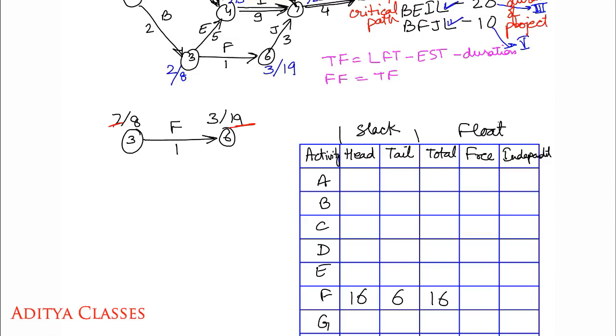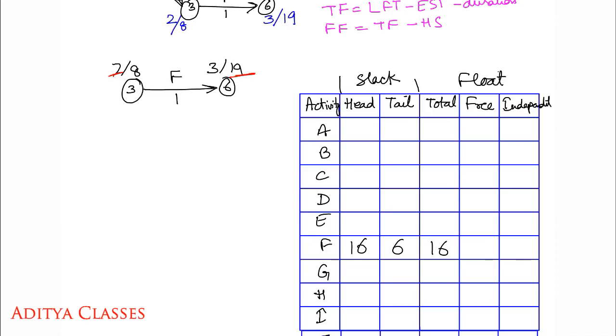What is free float? Free float is total float minus head slack. As simple as that. We have our total float calculated. We have our head slack calculated. Just go ahead and find the value of 16 minus 16. How much would that be? 16 minus 16 would be a 0.